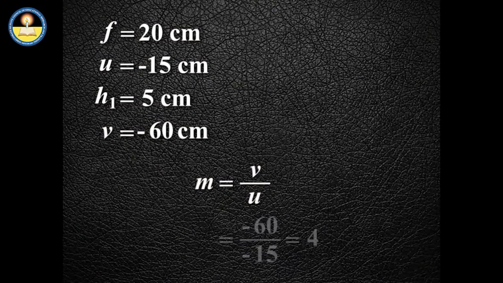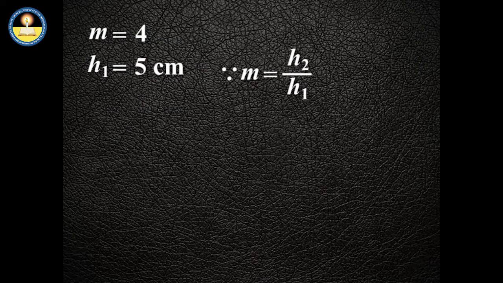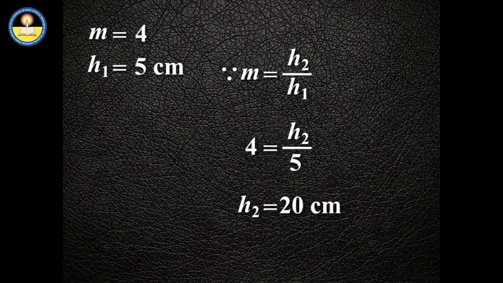And the magnification of the lens comes out to be 4. Further, the linear magnification is also the ratio of image height and the object height. Therefore, the image height comes out to be 20 centimeters.